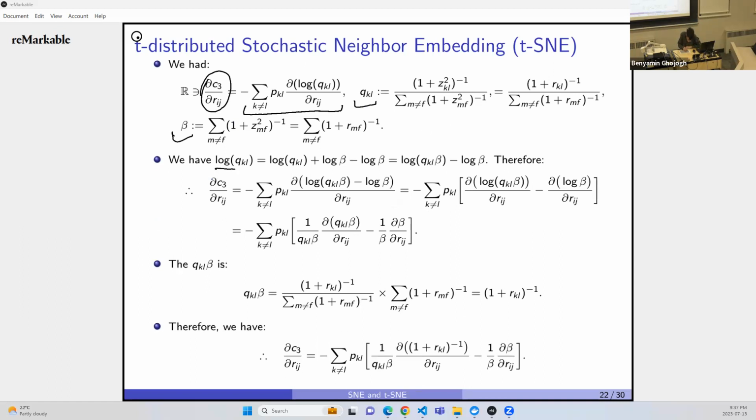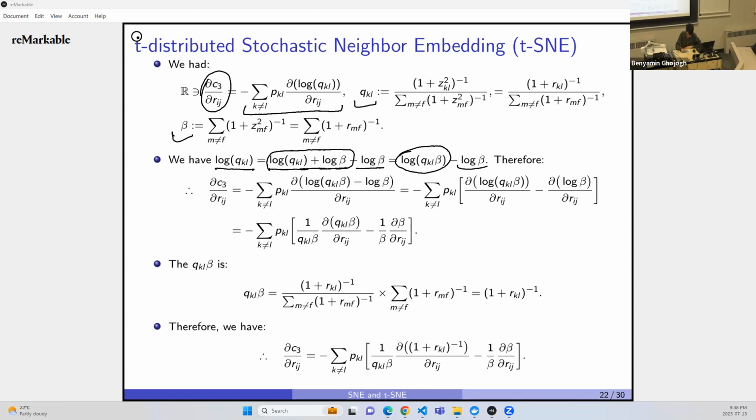We have the logarithm of QKL equals the logarithm of QKL plus log of beta minus log of beta, right? This equals this plus something minus that thing, right? Then I can absorb these two together. So I can write it as the logarithm of QKL beta minus the logarithm of beta, right?